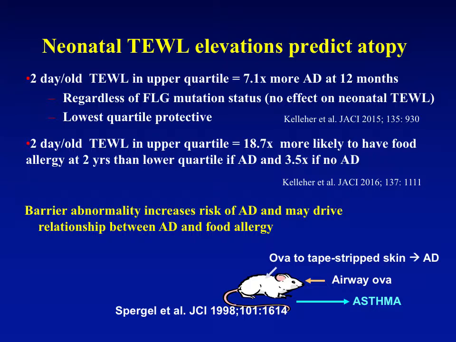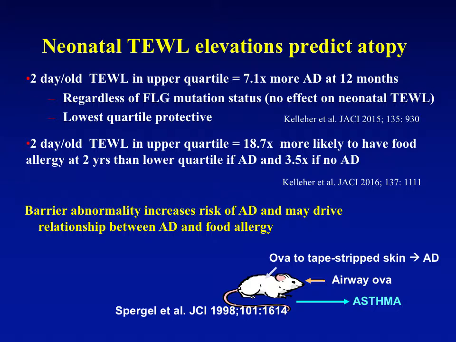Fascinating work that's just come out from Ireland in the last year or two, from Alan Irvine's group, where he is prospectively following a cohort, not a cohort with increased risk, just a general cohort of neonates through infancy now, and looking at the transepidermal water loss, which you can measure and is a great measure of the function of the epidermal barrier.